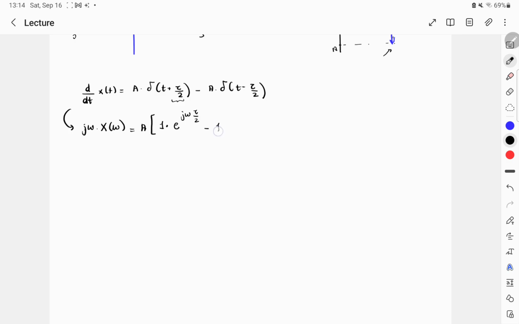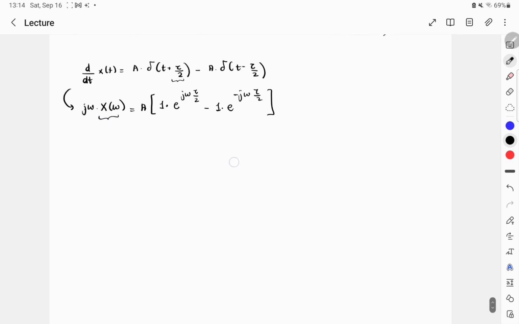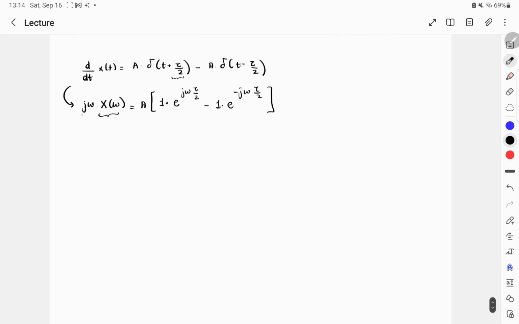Here we do the same thing, e to the minus j omega tau over 2. And here we are done. We just wanted this section over here, so we will divide both sides by j omega.